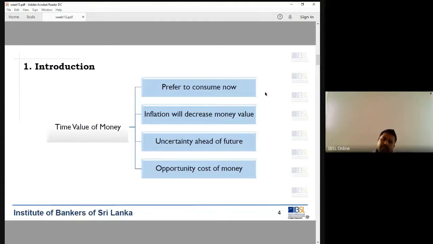Second point, inflation will decrease the money value. The concept of inflation says that eventually, as economies grow, goods and services will gradually increase in price. There is negative inflation in some economies, which is an opposite discussion. Rather, in typical terms, inflation suggests that goods and services are going to have a higher value in an upcoming time period than now.